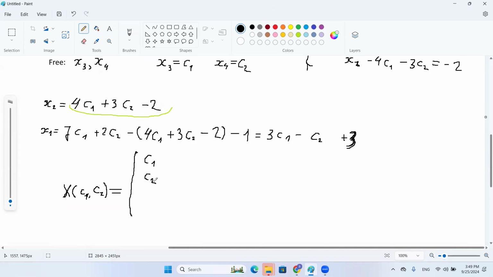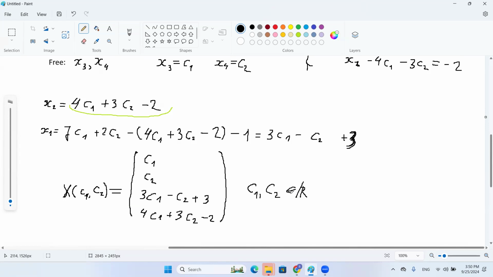So C1, C2, and then 3C1 minus C2 plus 3 for x1. And for x2, C1 plus 3C2 minus 2. So this is the general form of the solution. And C2 and C1 are real numbers.